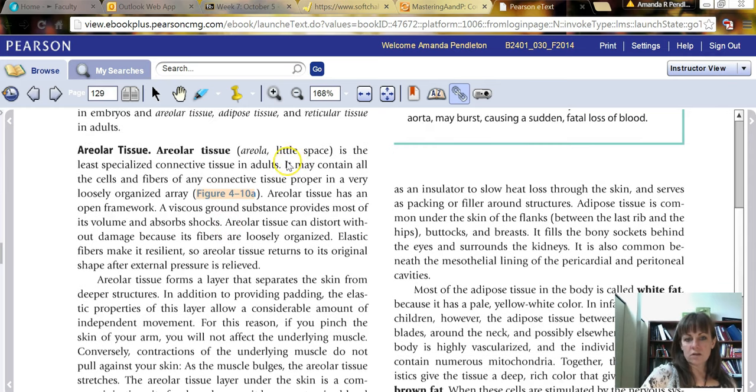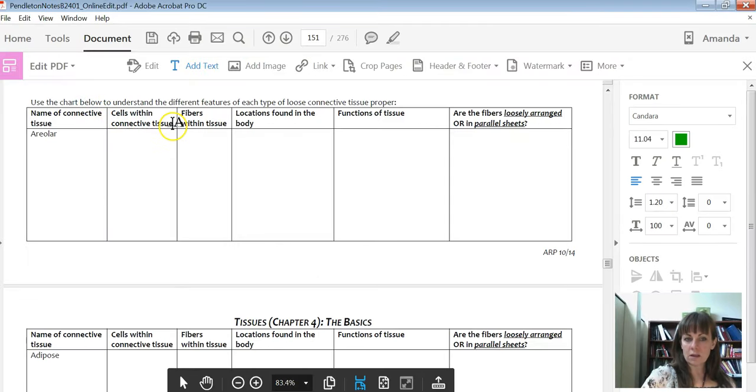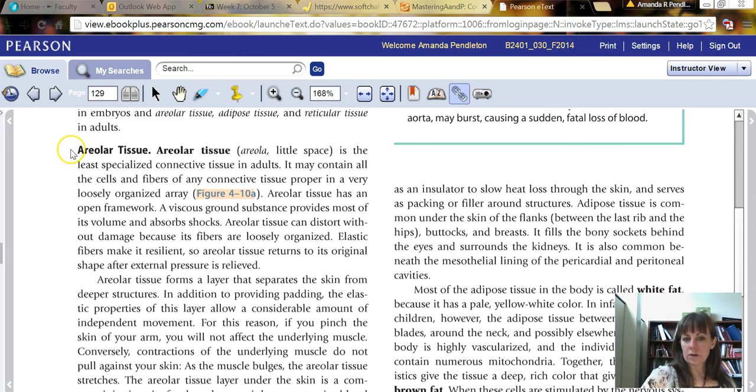some information. So if you're looking for, notice on your notes packet it says list the cells within the connective tissue. Well, we look under areolar tissue and it says it may contain all the cells and fibers of any connective tissue proper in a very loosely organized array. So if we're looking for the specific cells, it can contain all the cells and fibers.